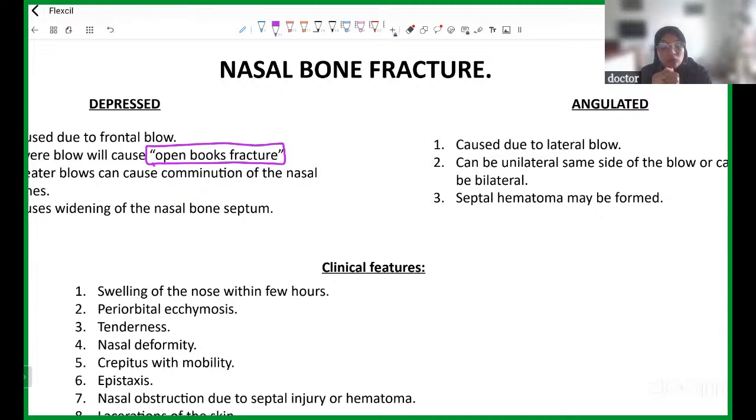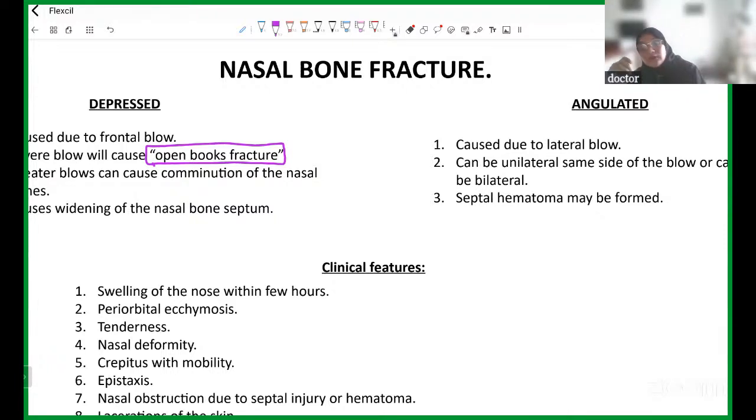All right. So make sure that angulated patients, usually they will have septal hematoma. You have to manage the patient accurately to prevent septal hematoma.